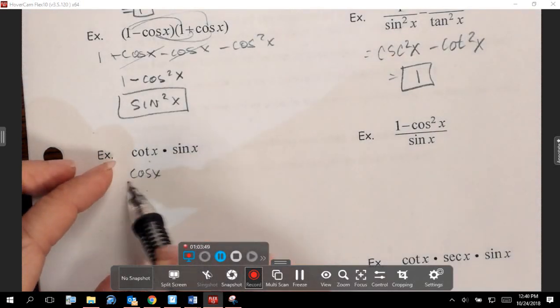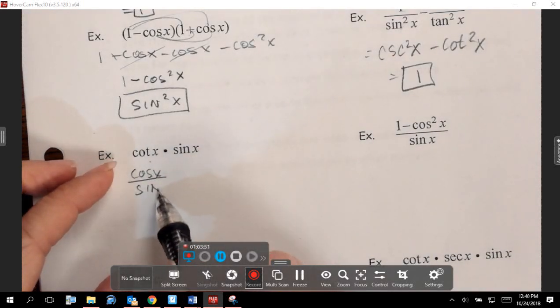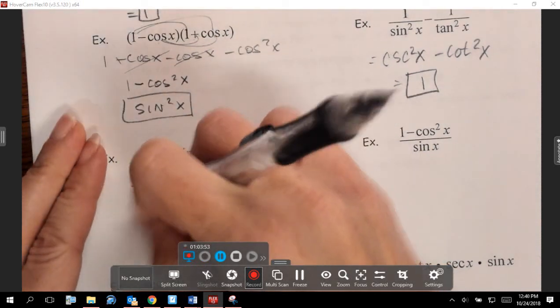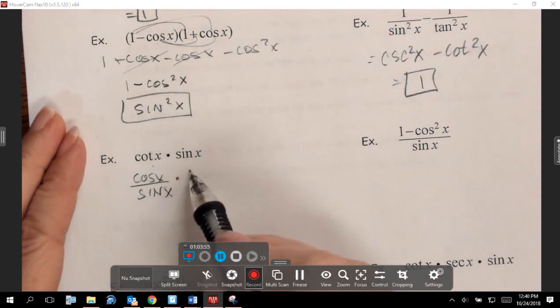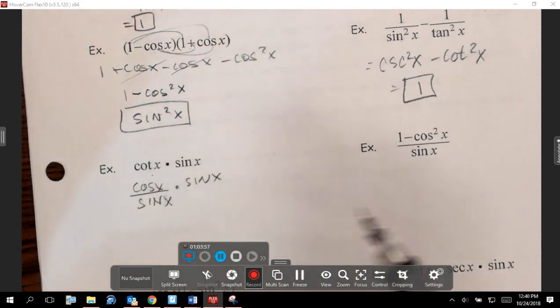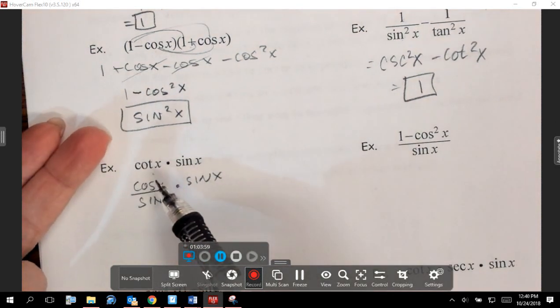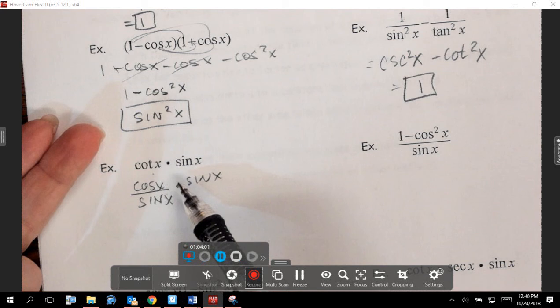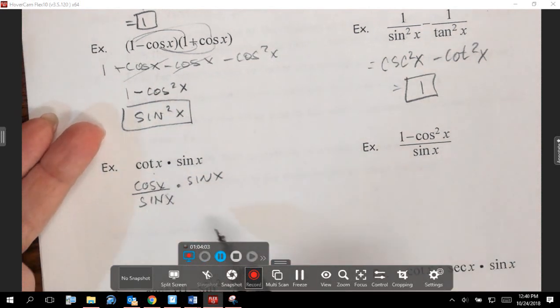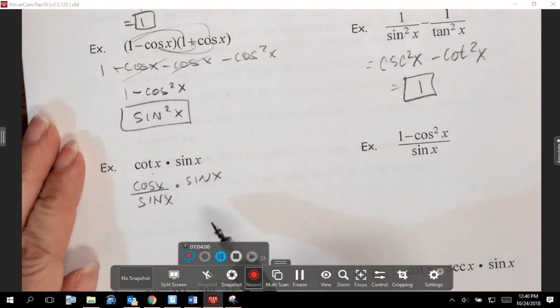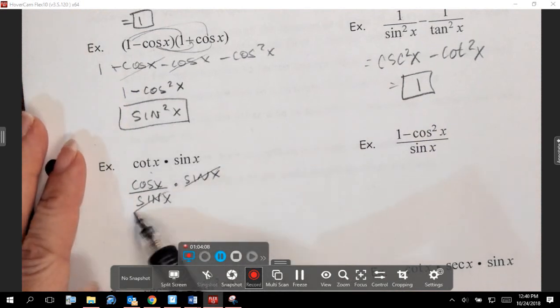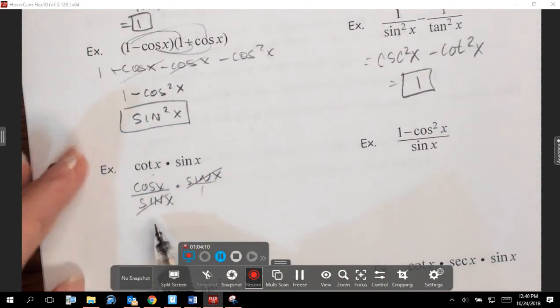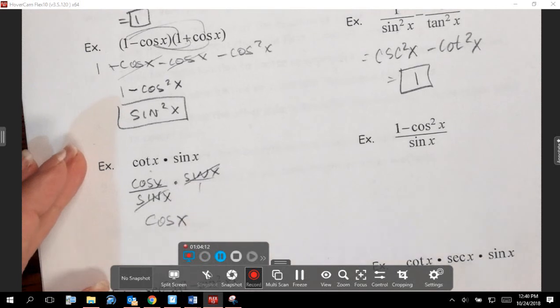Cosine x over sine x. So what's that going to do to sine? Cancel out. Right, so there are multiple ways of doing some of these. And if you're thinking in the future, before you even write it down, what is that going to give me? Why would I want to switch that? So I'd want to use the cosine over sine so that those cancel and we get cosine x.